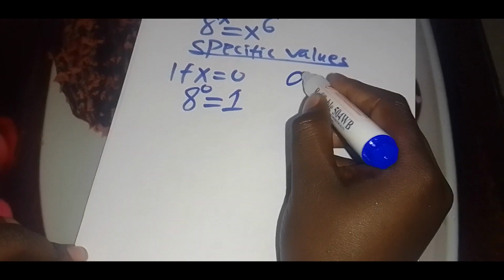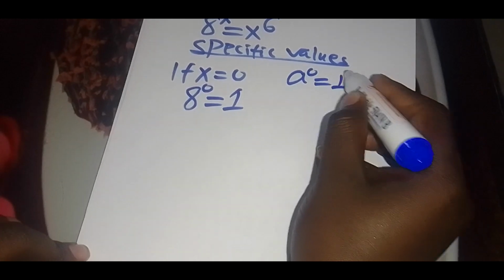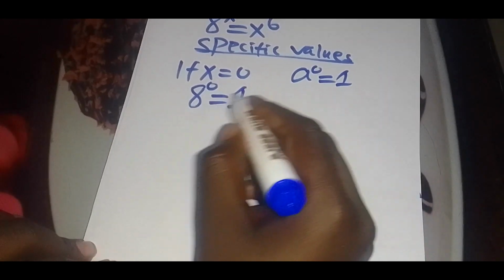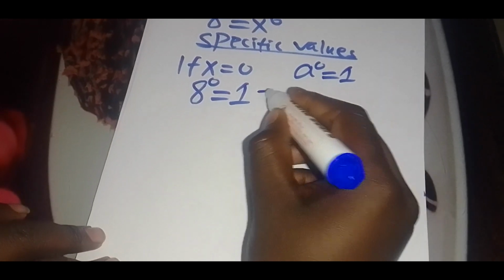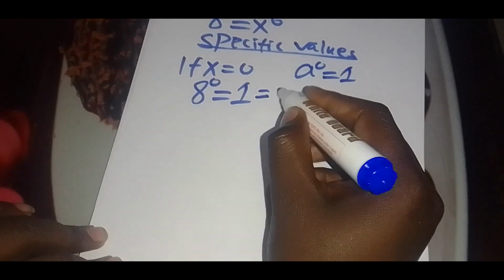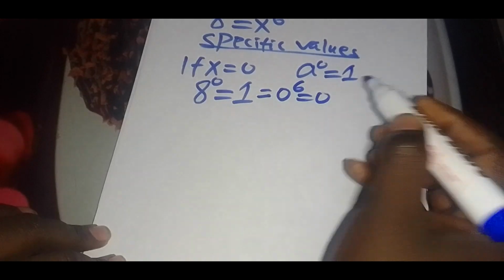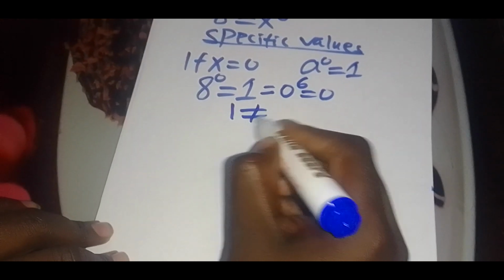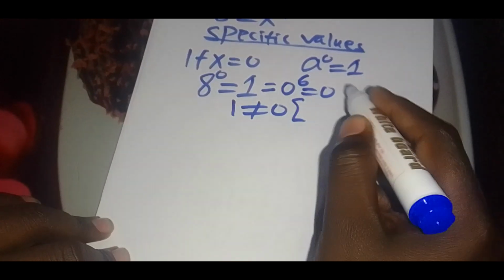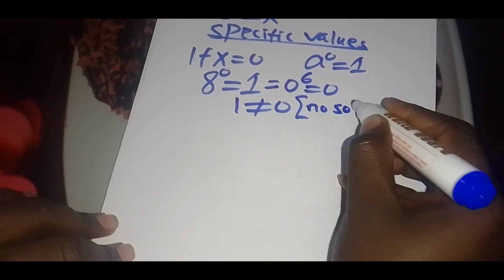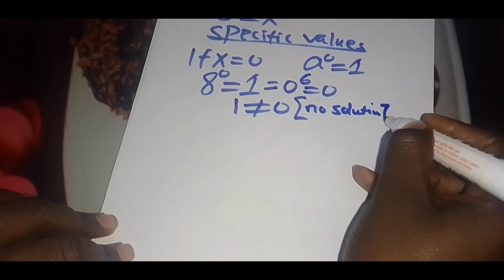Remember, if you have a raised to power 0, this is equal to 1. On the other side we have 0 raised to power 6, which is equal to 0. So that means 1 is not equal to 0, and this is not a solution to our equation.